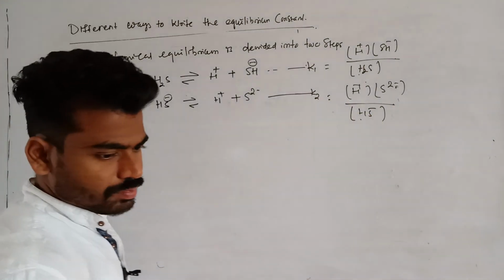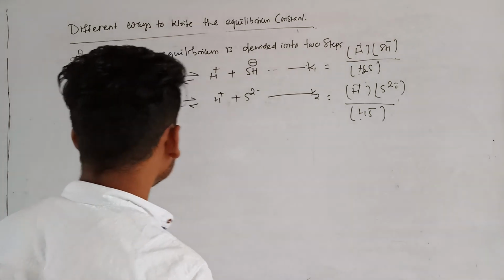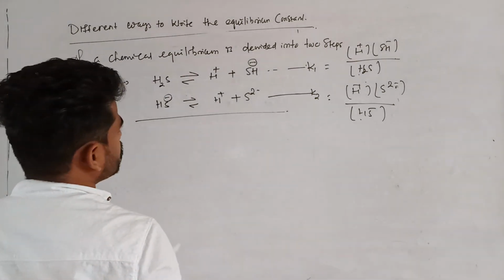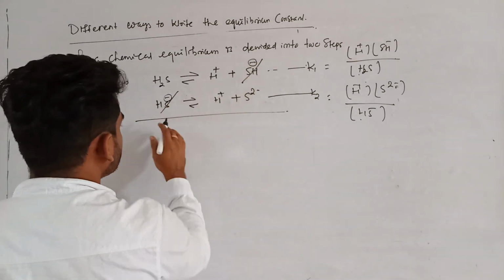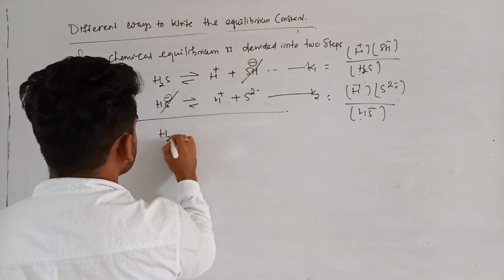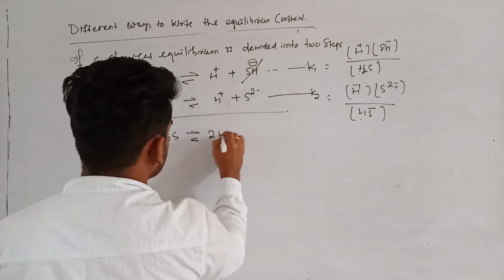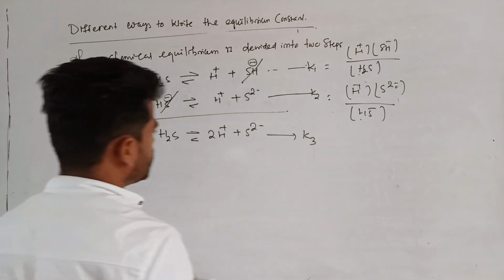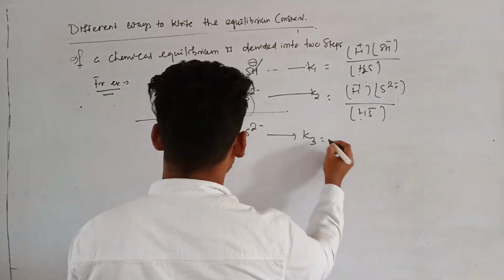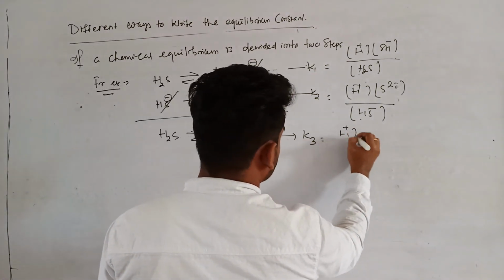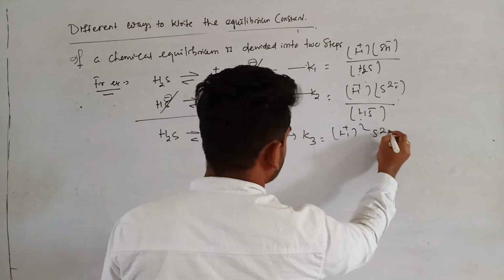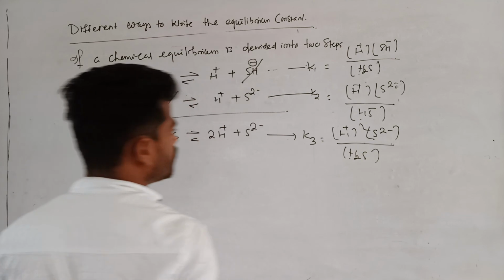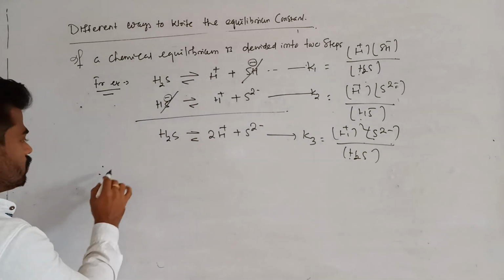Clear? Now for total decomposition, the HS minus gets cancelled. I can write H2S giving rise to 2 moles of H plus plus H2 minus. Let's say here the constant is K3. So this K3 can be written as H plus square H2 minus divided by H2S. Now you just multiply this K1 into K2.